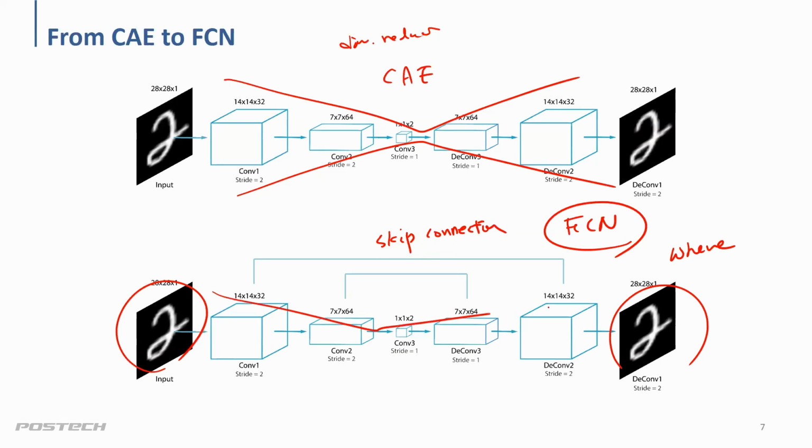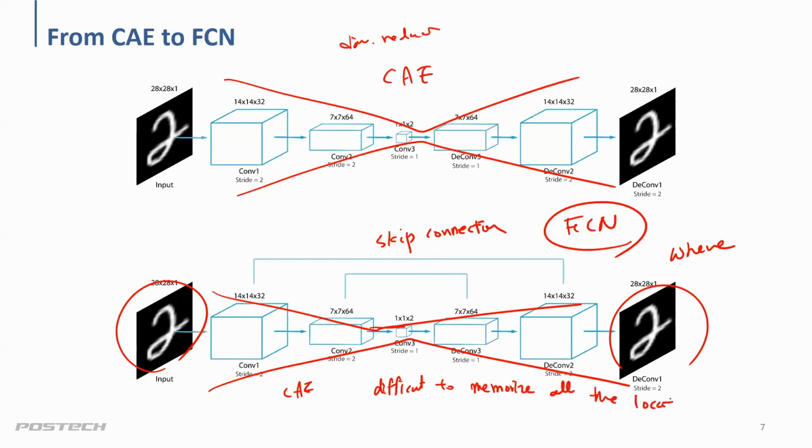So having this CAE structure is difficult to memorize the location information. That's why we get a bypass to get a hint of the locations.